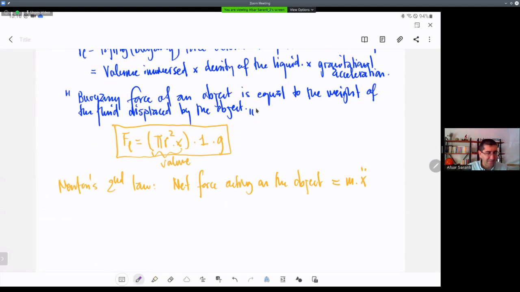So let's add all the forces acting on the object in the direction of the motion x.